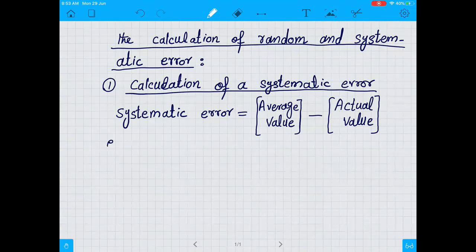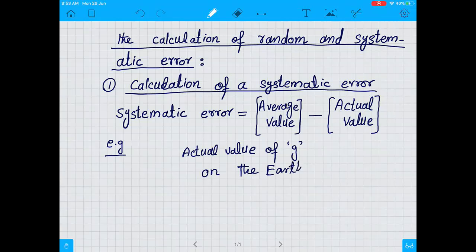For example, the actual value of G on the earth is accepted to be, the value of G that we accept on the surface of the earth is generally 9.81 meter per second square. This is the actual value of G that we accept on the surface of the earth.